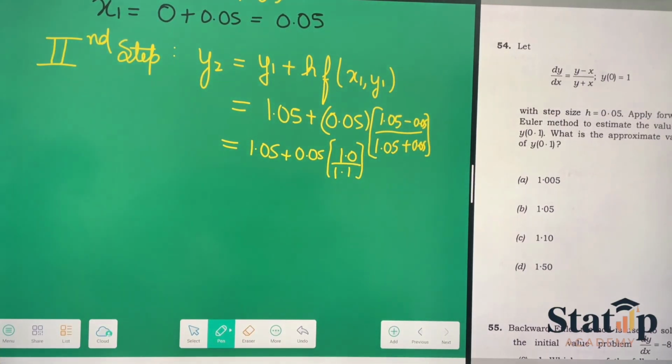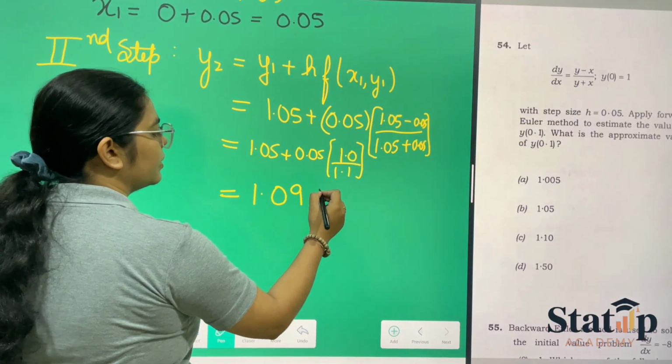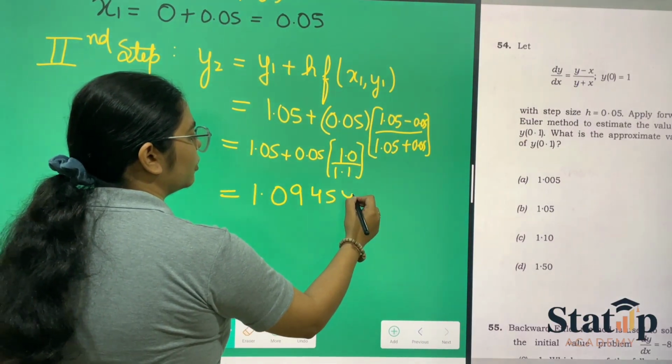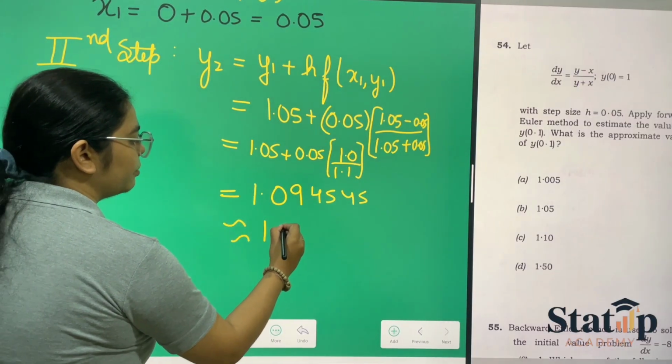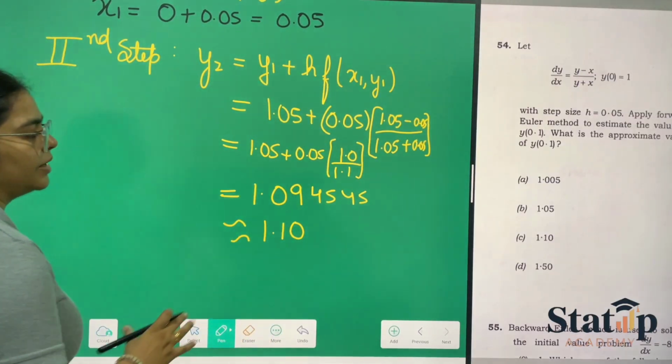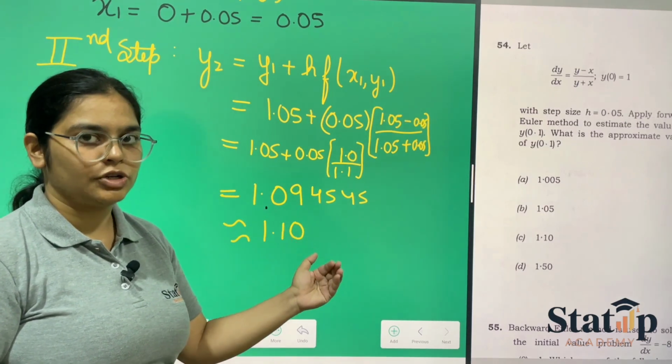And on solving this, you will be getting the final answer of y2 equal to 1.09445, something like this, which is almost equal to 1.10. As we can see in the options, nothing exactly equal to this, but an approximation of this is given.